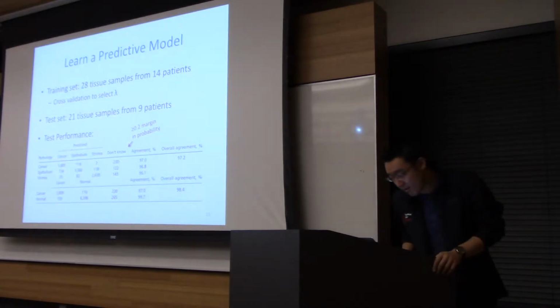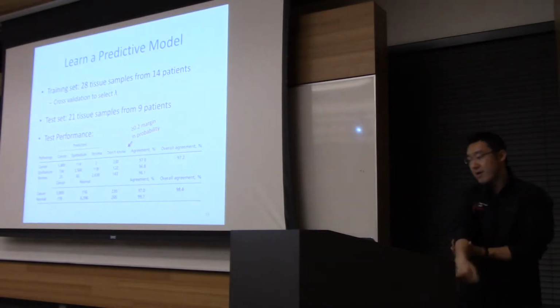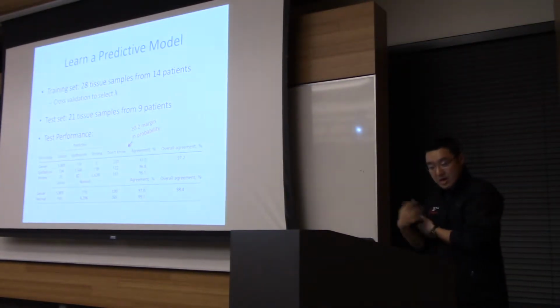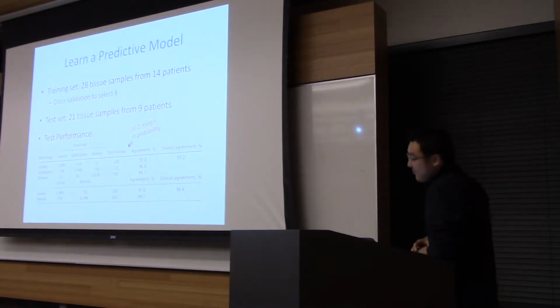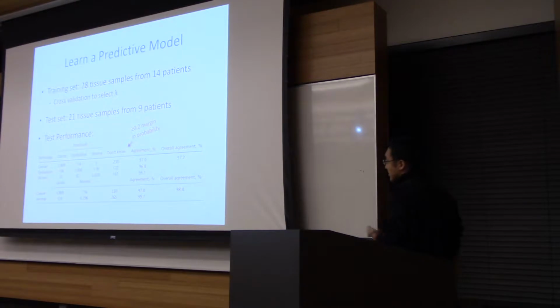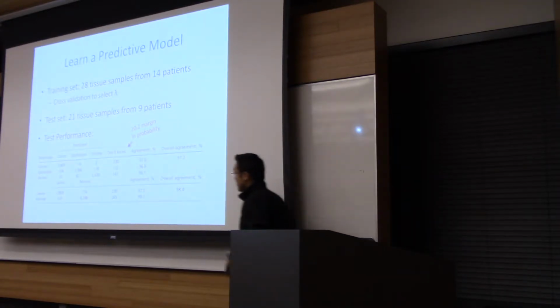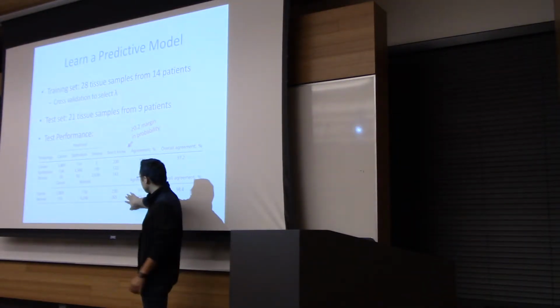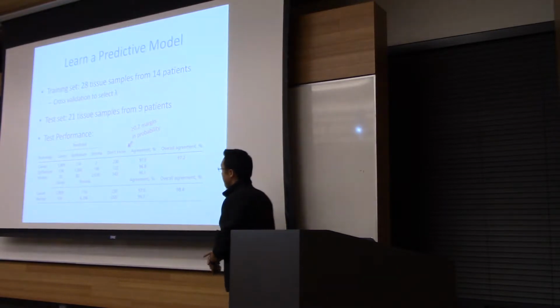And so in general, the results are pretty good, right? You get something like 97, 96% agreement, right? If you just predict cancer versus normal, you get even higher agreement, right?